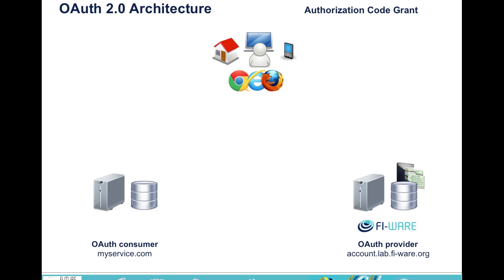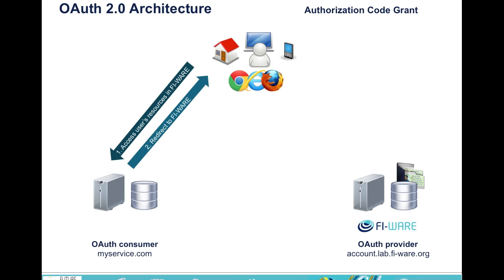In this case, a user grants an OAuth consumer, typically a web application, access to his protected resources using an OAuth provider. The OAuth consumer has to be previously registered in the OAuth provider to establish a trust relationship between them. To grant the access, the client first redirects the user's web browser to the OAuth provider.